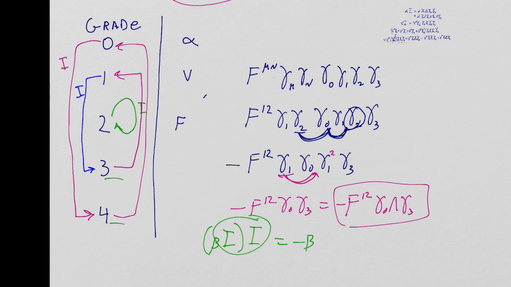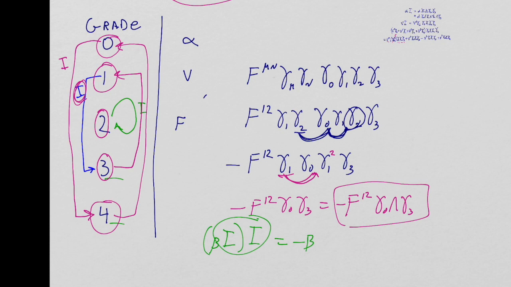That means I can take any object that's grade 0 and find its dual in grade 4. Likewise, any vector has a dual vector in grade 3, where the duality is related to this multiplication by the pseudoscalar I. Now, grade 2 is self-dual, right?